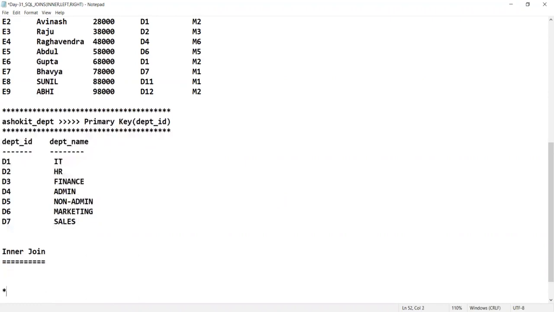So, inner join means joining two tables with the join keyword.